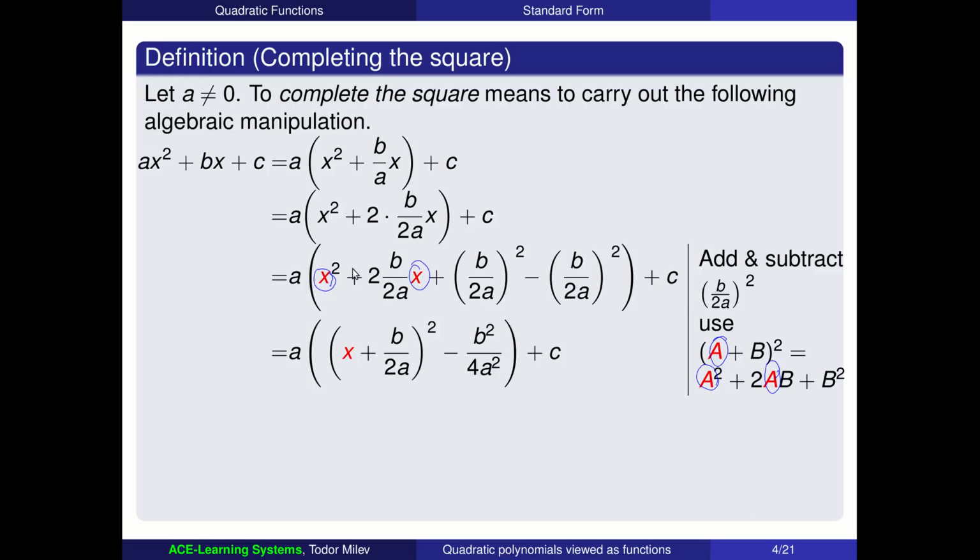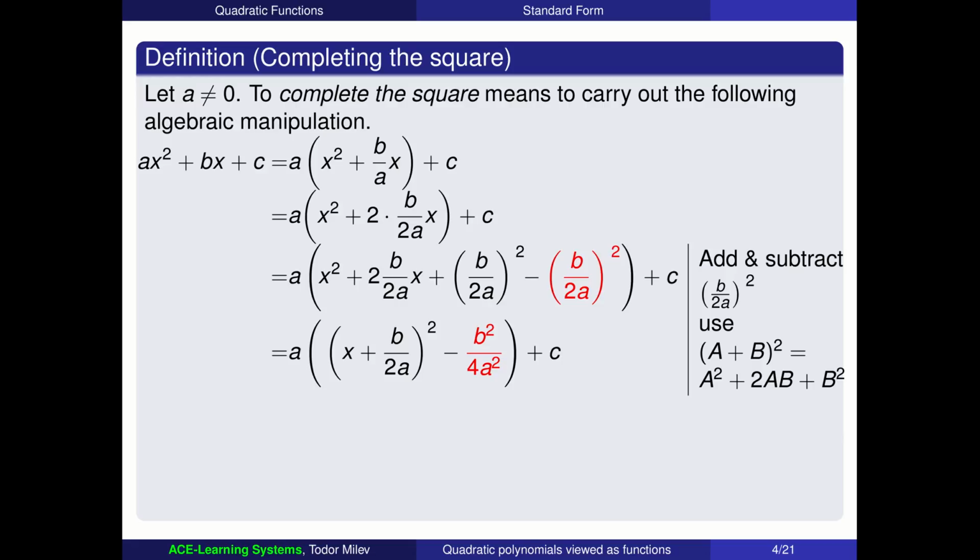You can see the same two positions for the letter x, and the role of the letter b is taken by the expression b over 2a. Of course, (b over 2a) squared is b squared over 4a squared.